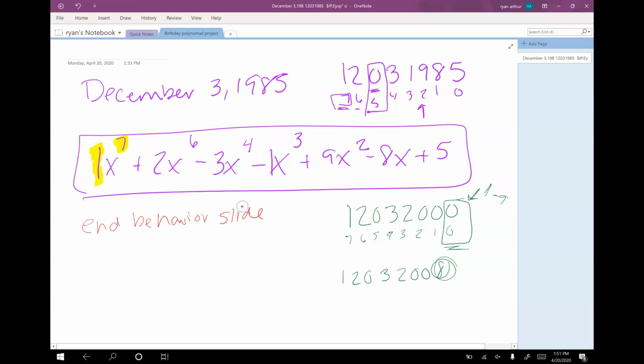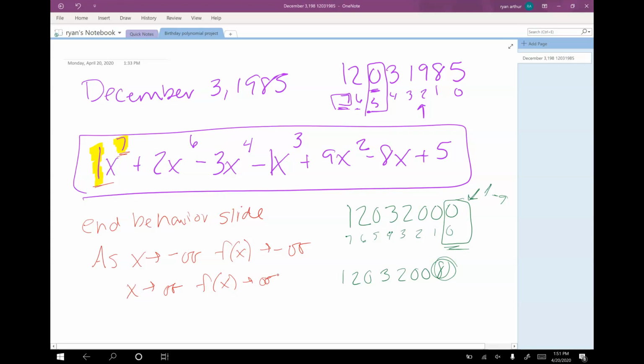On the end behavior slide, you would say, if your polynomial is an odd positive, as x goes to negative infinity, then f of x goes to negative infinity. And as x goes to positive infinity, f of x also goes to positive infinity. And then it wanted you to explain that.